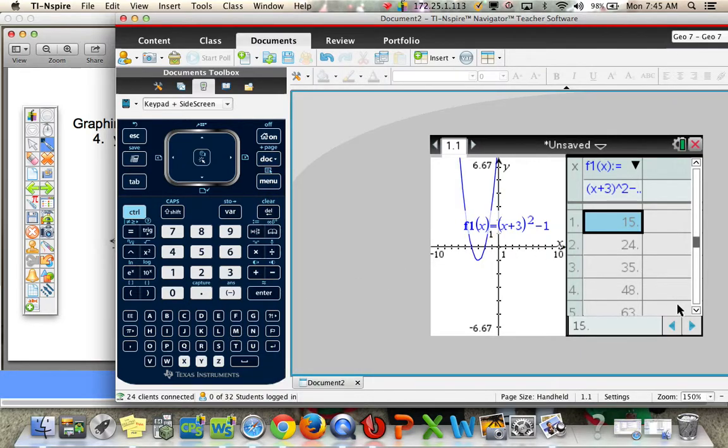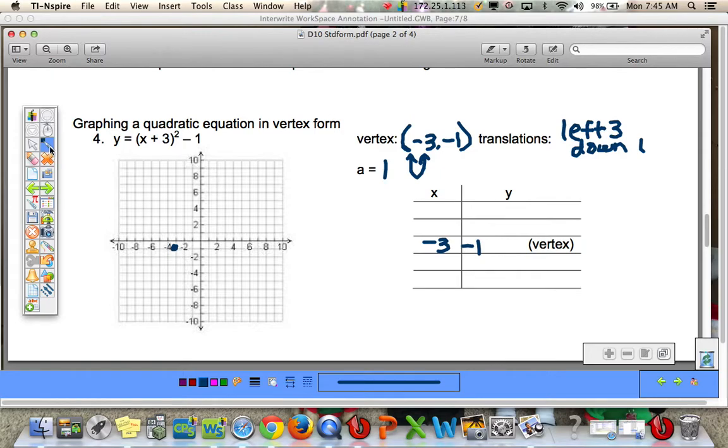And let's find the vertex. The vertex was negative 3, negative 1. So here's negative 3, negative 1. Let's write 2 points below it and 2 points above it. So if we go to negative 4 and negative 5, it'll be 0 and 3. So let's write that down. Negative 4, negative 5, 0, 3.